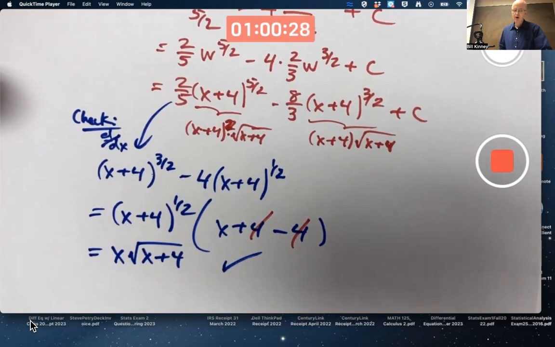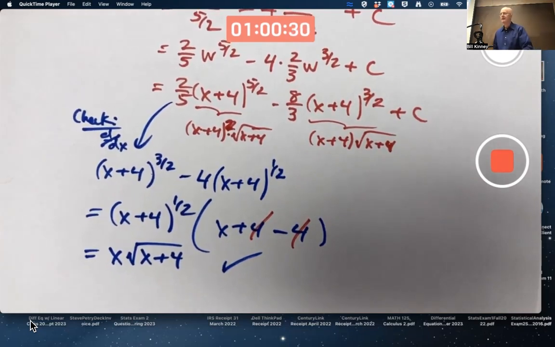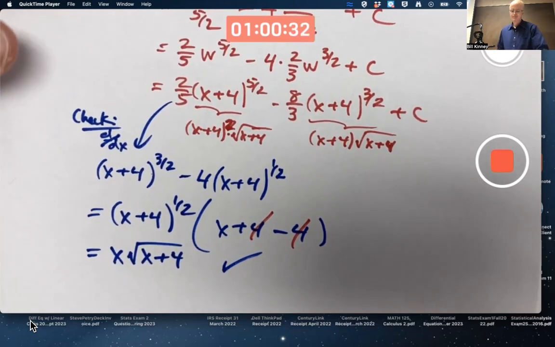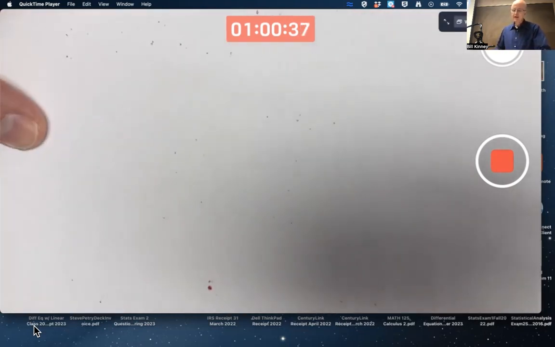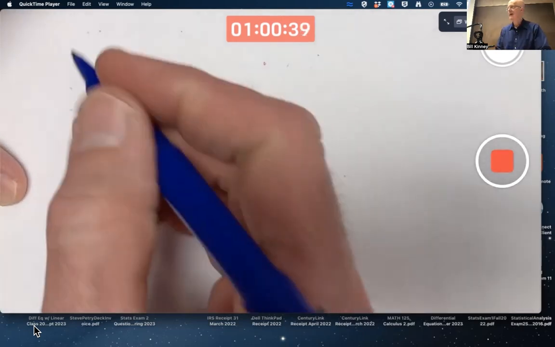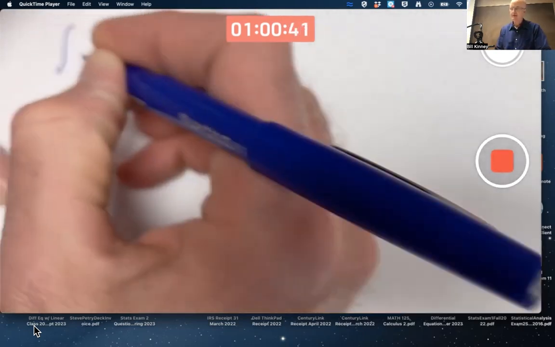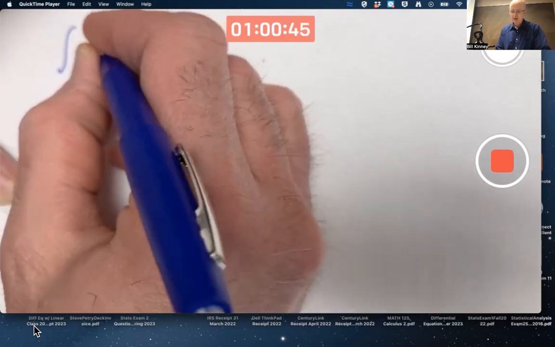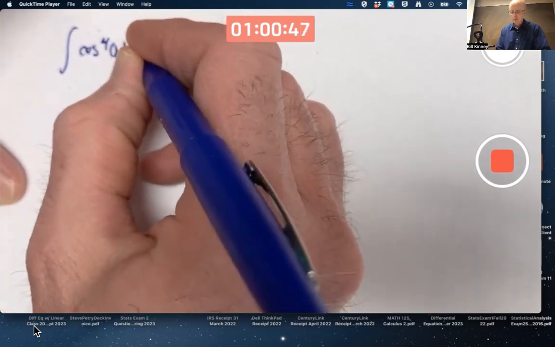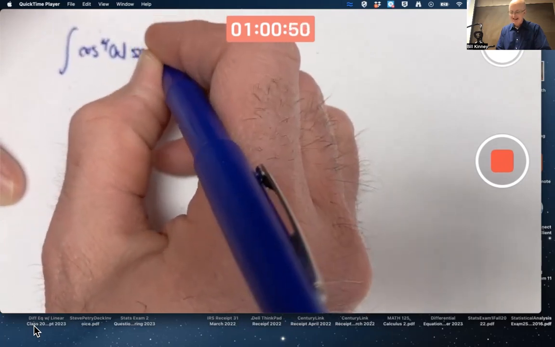One more substitution problem, then I need to briefly talk about definite integrals in this context. The following kind of problem always shows up on the gateway exams. And there's different versions of the gateway exams. A product of powers of cosine and sine where at least one of the powers is odd.